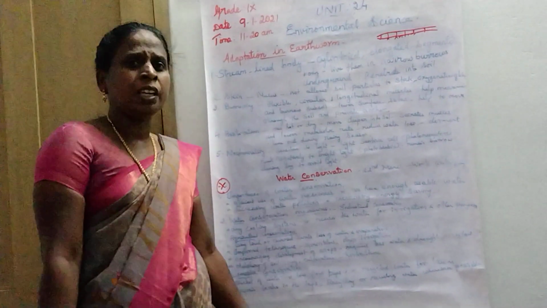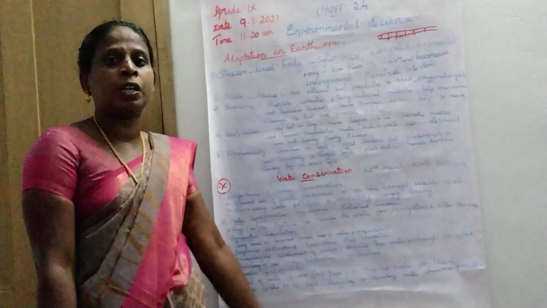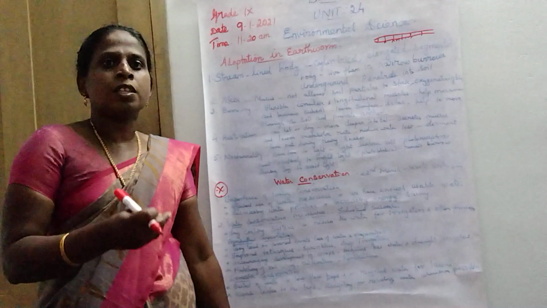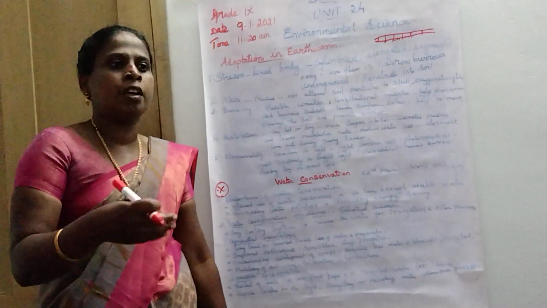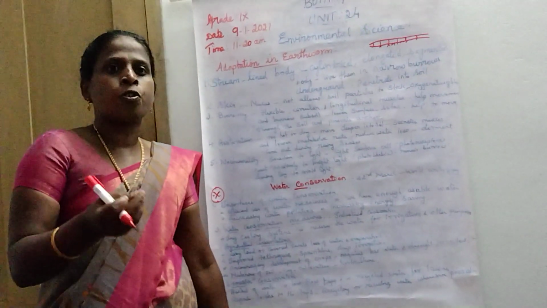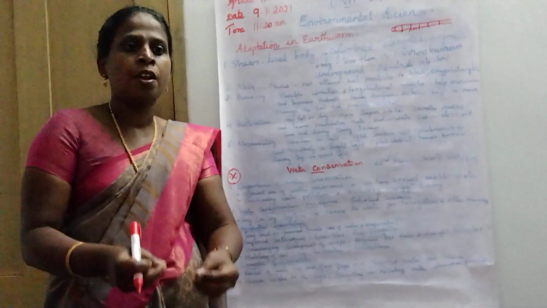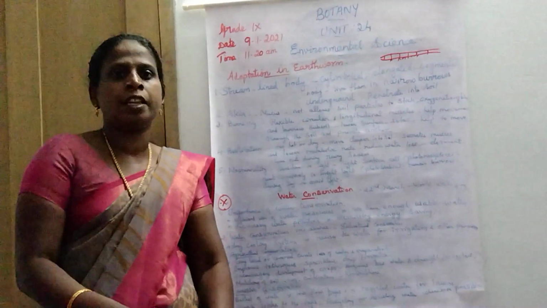Fourth point is mulching of soil in vegetable cultivation as well as horticulture. What does mulching mean? We all know they dig up the soil so that when we pour the water, it can filter inside the soil.